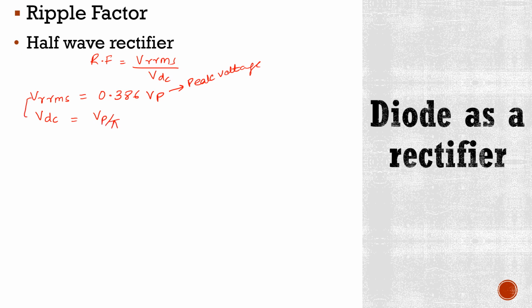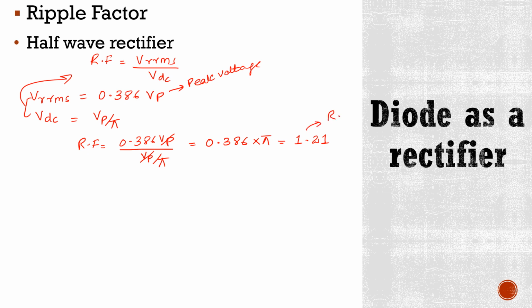After putting these values in this equation, we get RF is equal to 0.386 Vp divided by Vp divided by pi. Now this Vp is going to cancel this Vp, so we'll have 0.386 multiplied by pi, and after solving this you will get 1.21. So this is the ripple factor for a half wave rectifier.